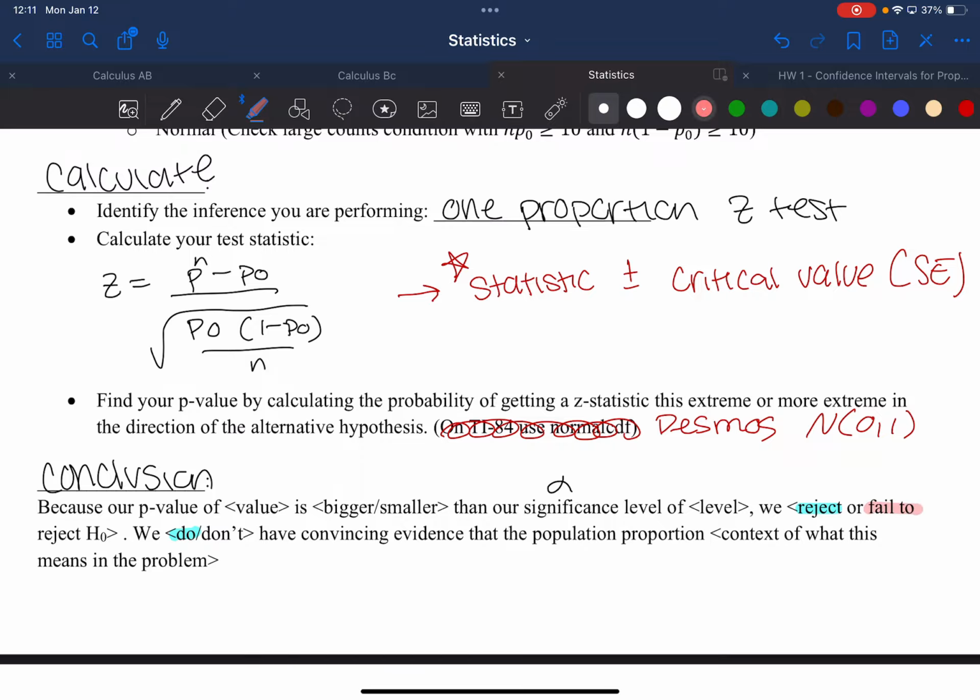If we fail to reject, that means we don't have convincing evidence. So whatever you say first is going to help you write your next sentence. So if you reject the null hypothesis, you do have convincing evidence. Okay, you have to have enough evidence to reject something. Okay, failed to reject means we can't reject it, which means we don't have enough evidence to continue.